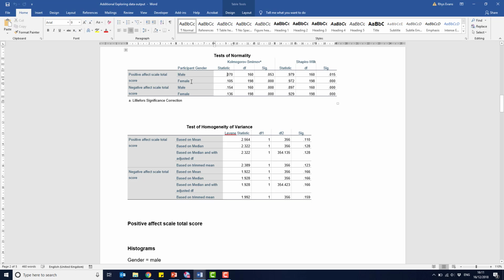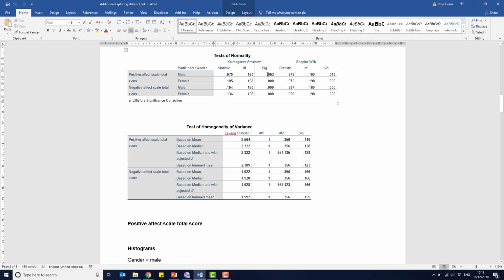For the females, that value is 0.000, the lowest significance value that SPSS reports by default. So that is less than 0.05, which is statistically significant. It would suggest that our data is not normally distributed on positive effect for the females.